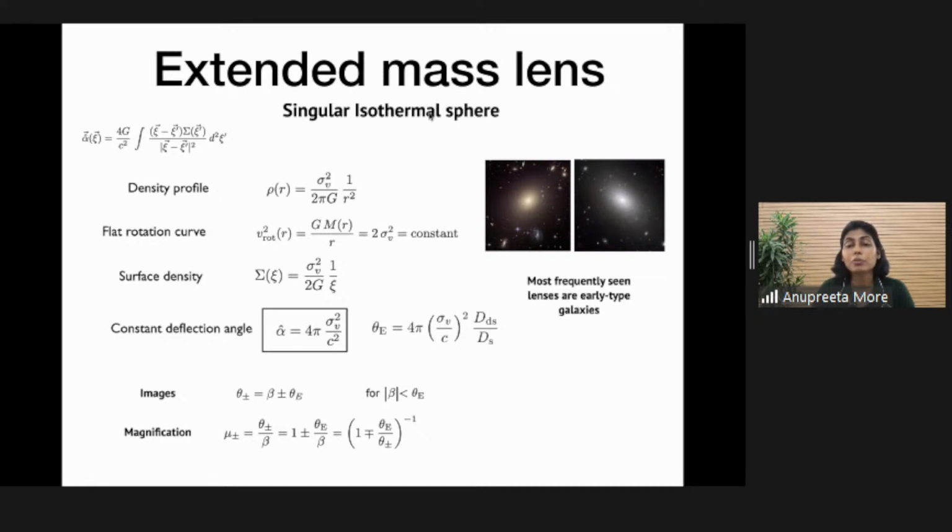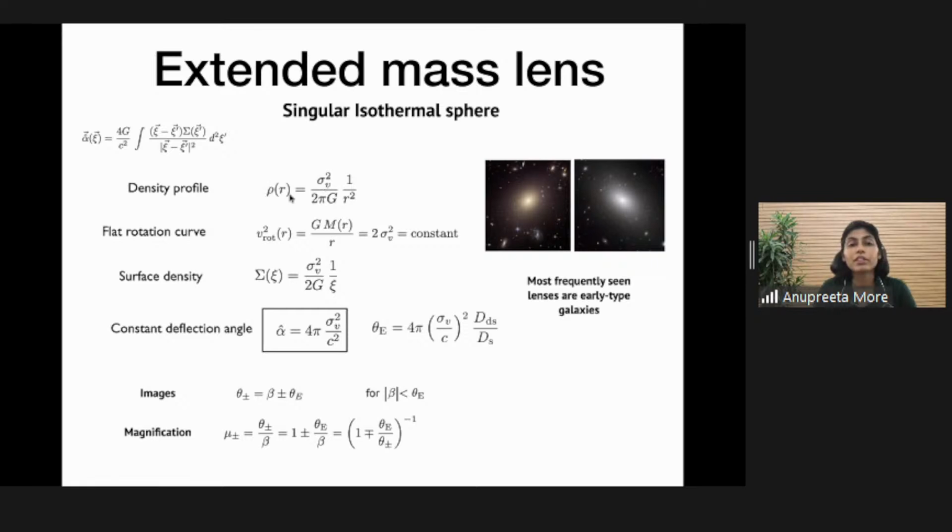I'm considering a simpler scenario here. I'm considering this to be a spherical system because it is much easier to calculate all the lensing observables for the spherical case. Even though this is somewhat of a simplification, let's just go through this.